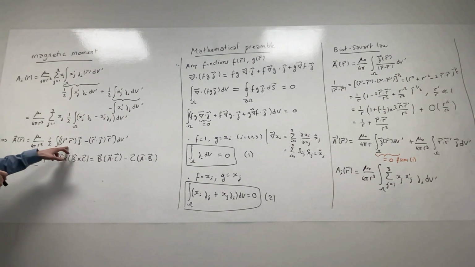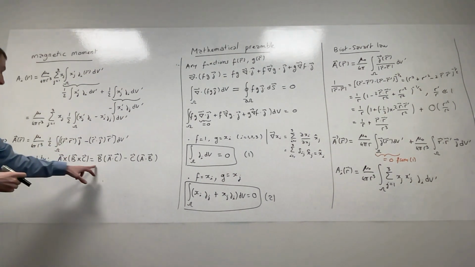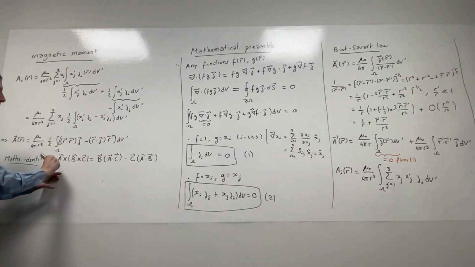So here I can look at what I have. J appears to be looking like B, right? It has the same role as B because it's a plus J, r dot r prime.